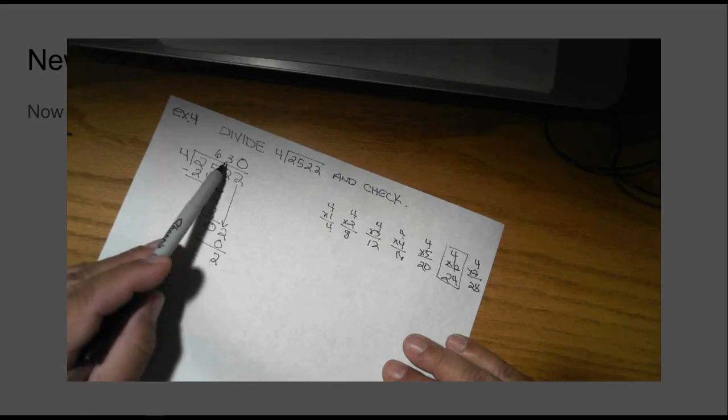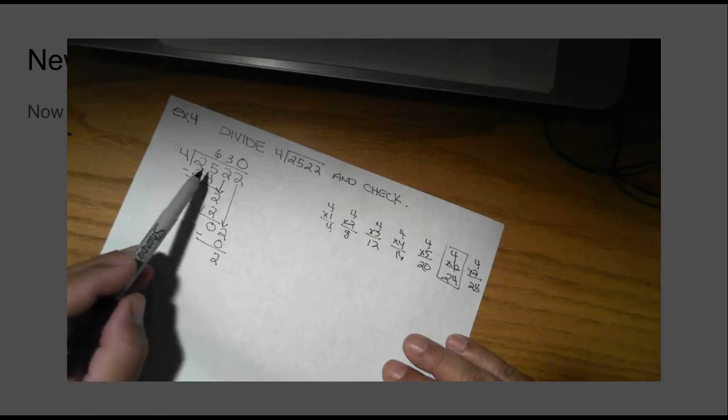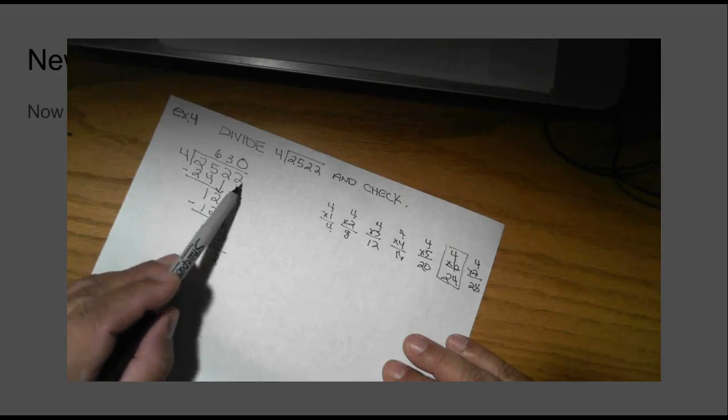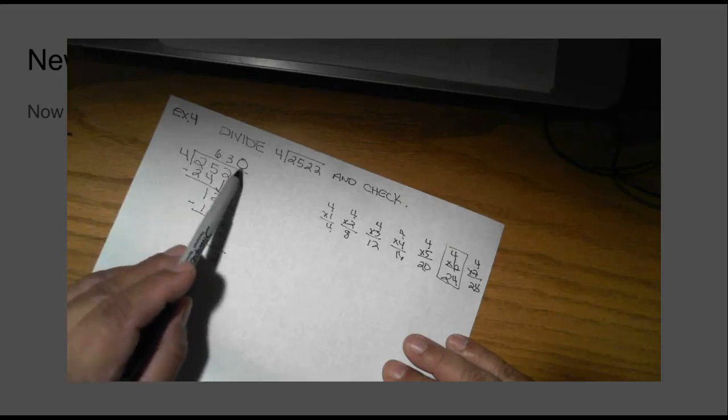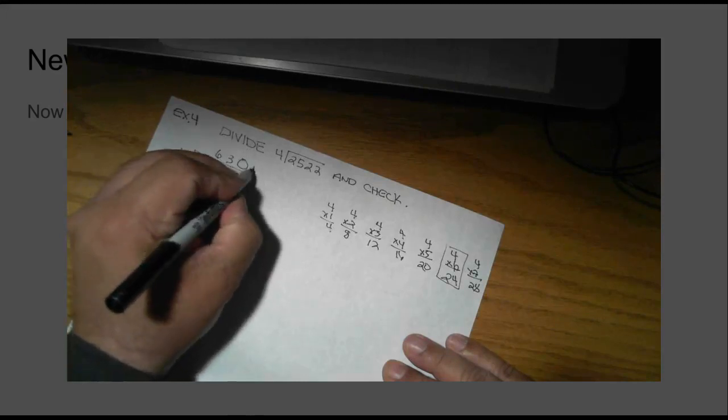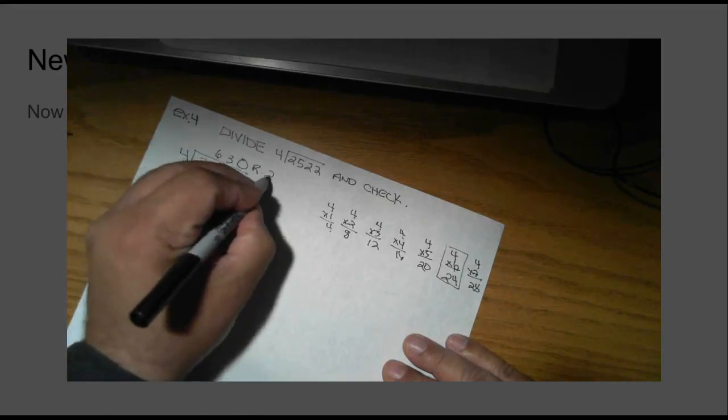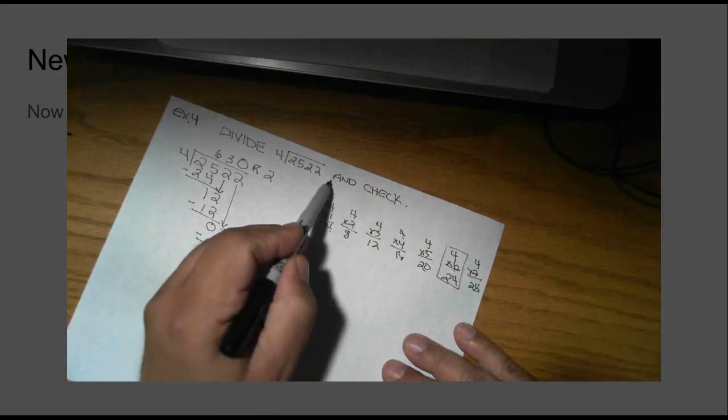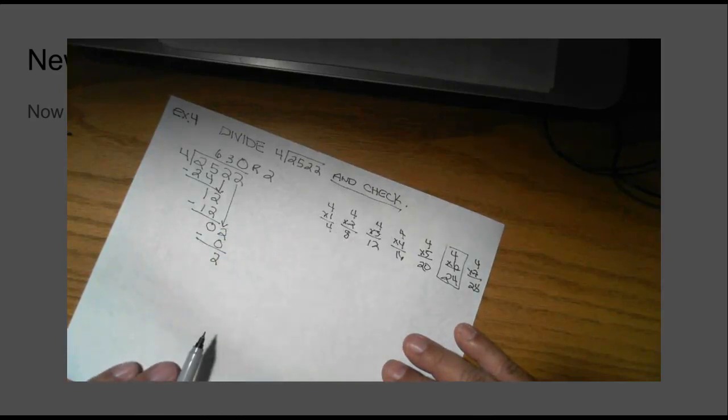So the way that we would write the answer to this is 2,522 divided by 4 is 630, remainder 2. But we're also told that we need to check this problem, right? So let's go ahead and check it.